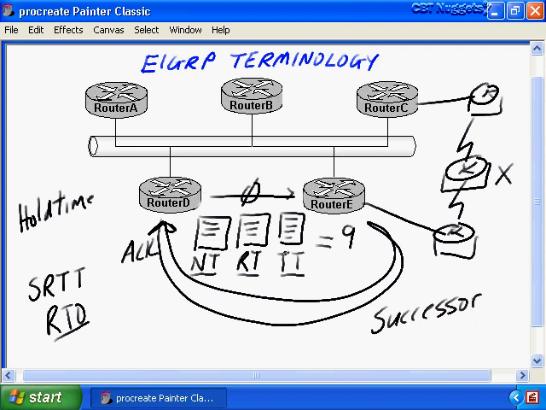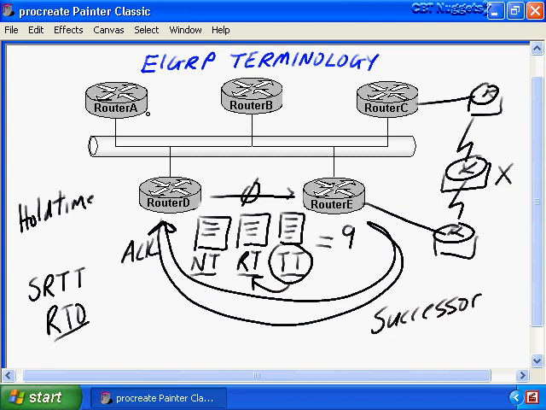Realize that the topology tables, TT, are going to have all of the possible paths to all of the destination networks in the EIGRP internetwork, in the topology. What it ultimately injects into the routing table is a single successor path, the most feasible path, the lowest cost path as far as bandwidth and delay goes, to a destination.